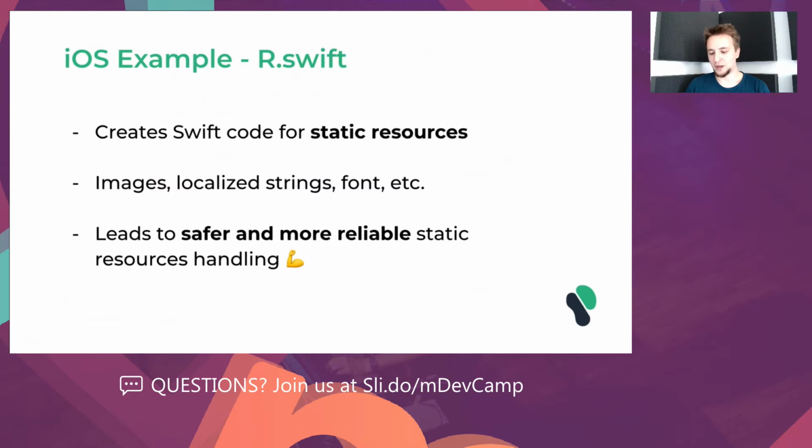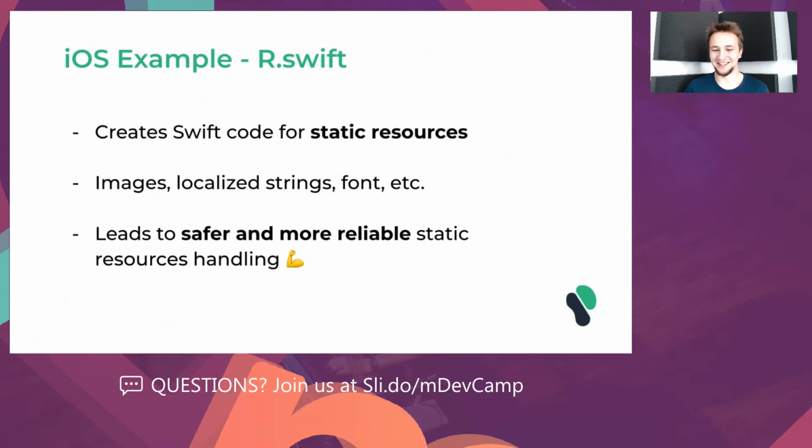And there is this not safe way of gaining access to these resources, like using strings, which is really unsafe. But this tool makes it super safe and super reliable, and every change is reflected in the generated code. Basically, it deals with that issue in a very nice way.